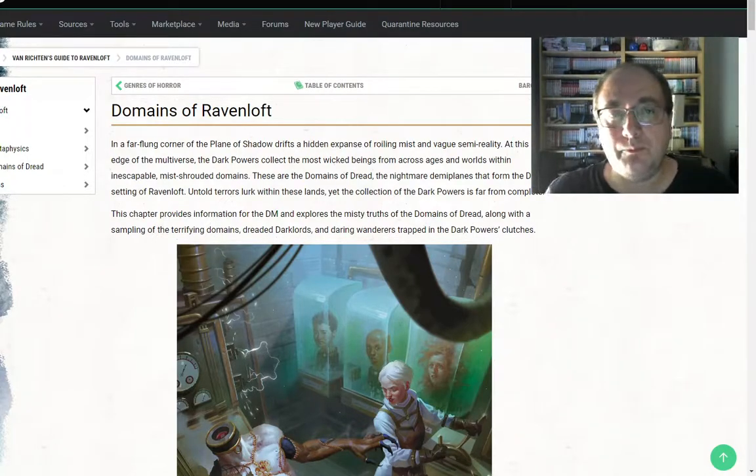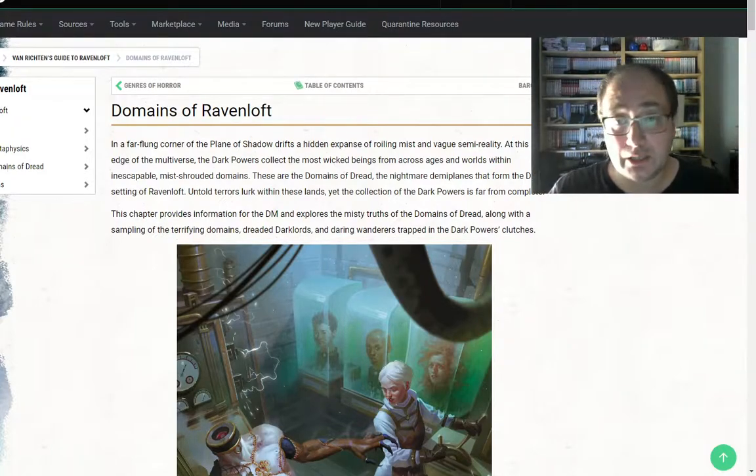And each domain has its own unique themes. Some domains have a very Victorian England theme to them. Others might have kind of like medieval Transylvania or a bizarre steampunk universe kind of thing. And each domain is actually its own mini setting.